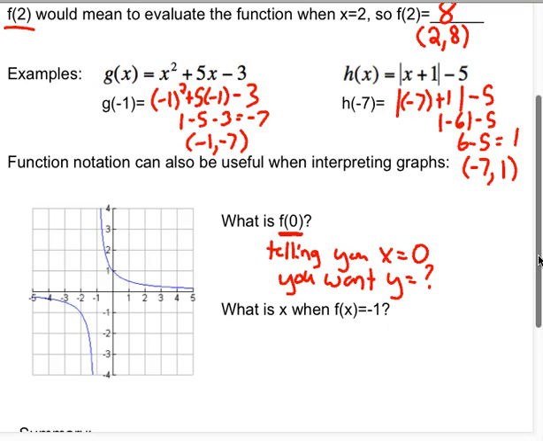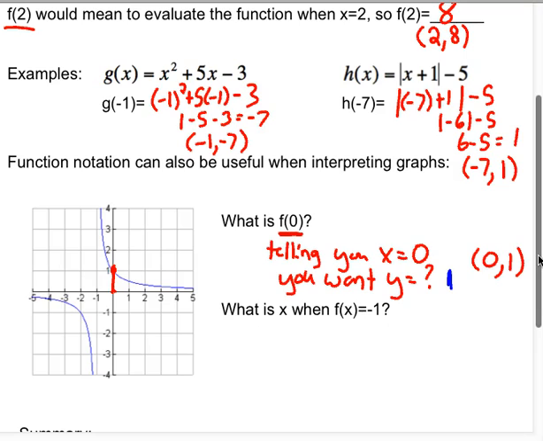So this is an example of them giving you x because they're telling you f of 0 and they want the y value. So here's x of 0. Where is y? Well, the function is right here. Okay, so y is going to be 1 when x is 0. Okay, so you can do the same thing graphically. And again, it's just telling you the point (0, 1) is on the graph.